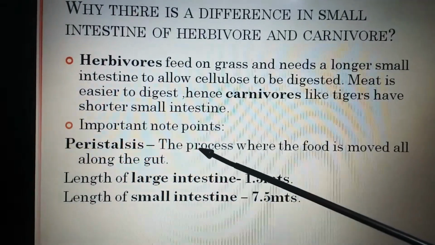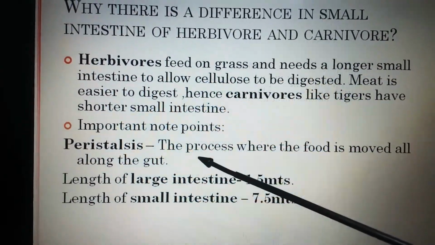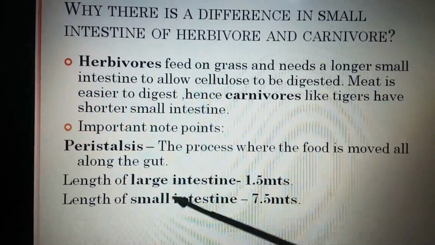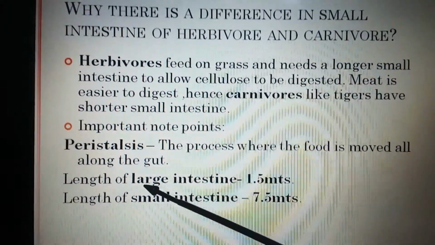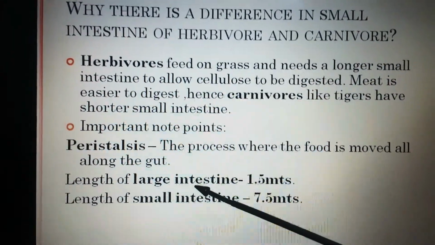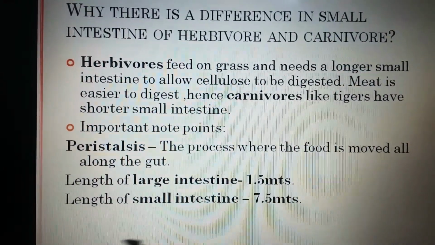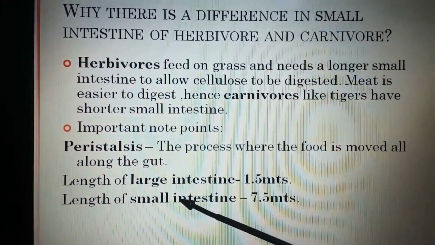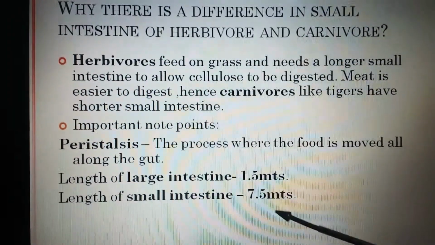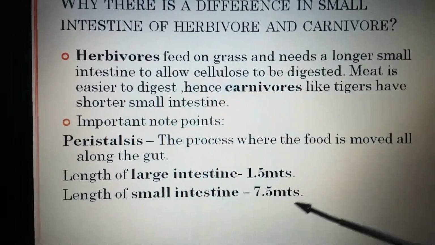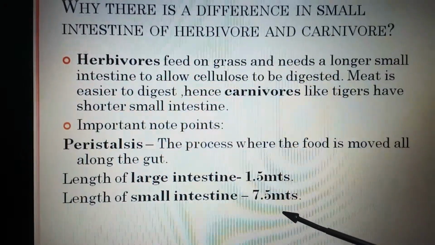Few important points regarding the small intestine and the large intestine: the large intestine of humans is around 1.5 meters. On the other hand, the length of the small intestine in humans is 7.5 meters. Please make a note of these 2 points. This is very important.